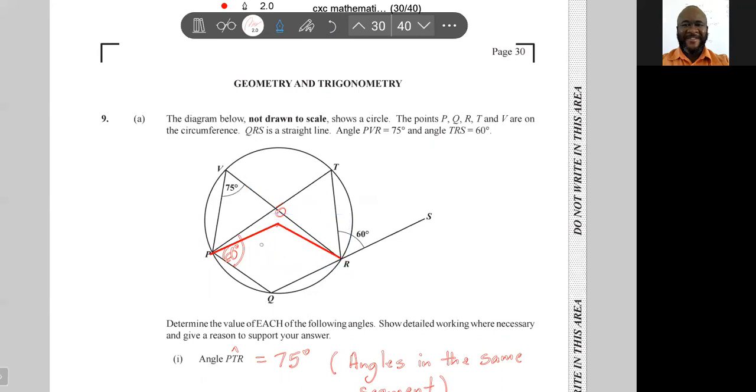We're being asked to find this angle here. The angle at the circumference is 75 degrees, and this angle is 150 degrees.